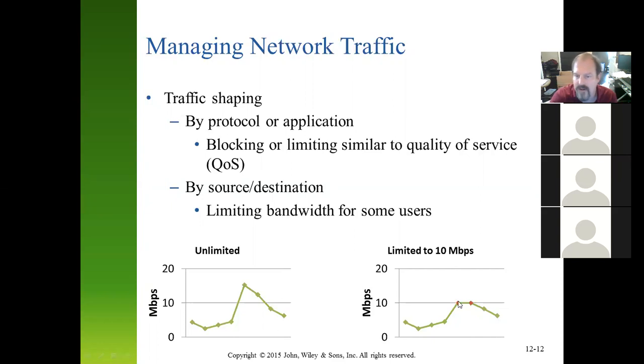That way there's another 10 megabits per second of bandwidth left for any other traffic. So that's called traffic limiting or traffic shaping. We do that all the time on networks to try to better control traffic.